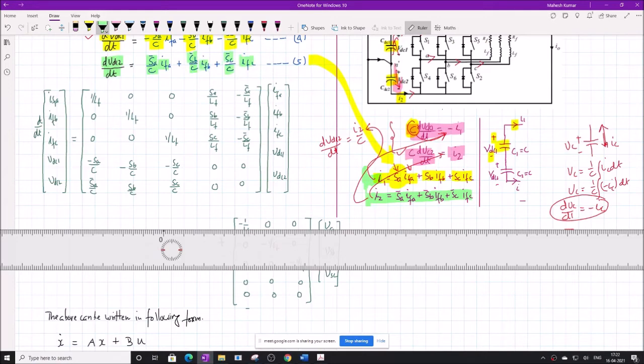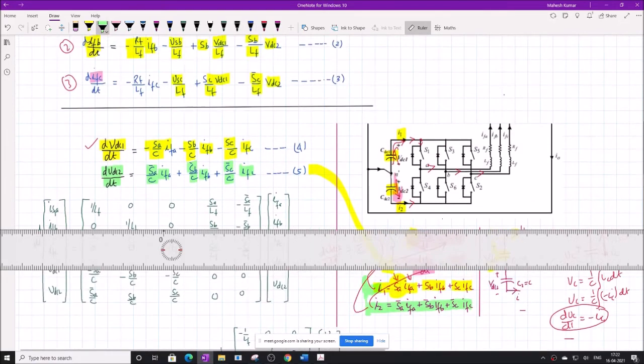Okay, now there are 5 states, there are 5 variables, each we have expressed in terms of the first order differential equation. So 1, 2, 3, 4, 5, combining all of them, it becomes the state space model of 5 by 5.